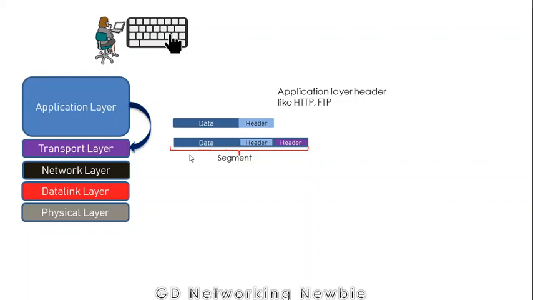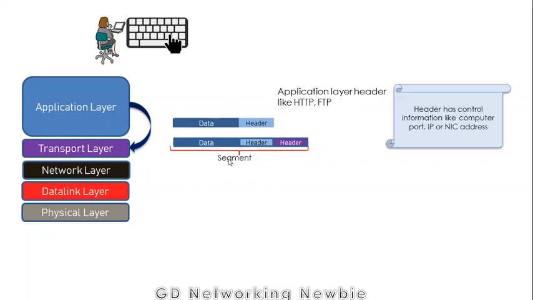Whatever data as well as header has been received at the transport layer, with the new header added, this complete thing is called a segment at the transport layer. The header actually has the control information. In this case, at the transport layer, the header has the port address.